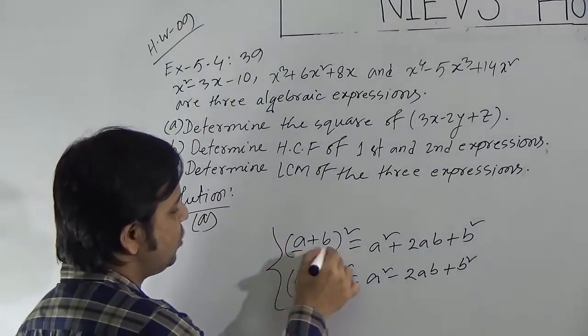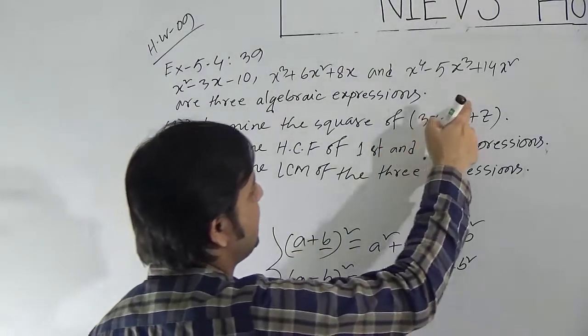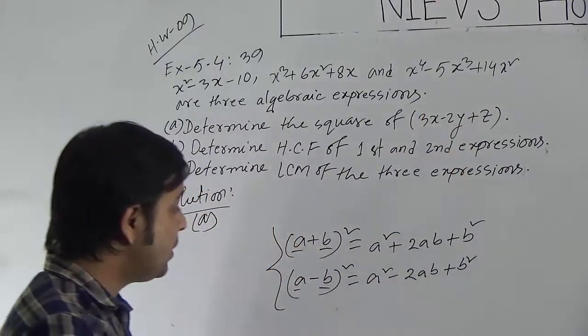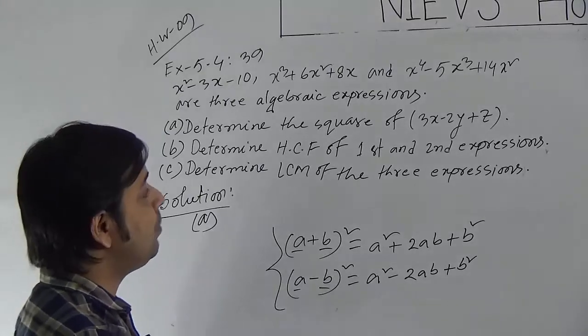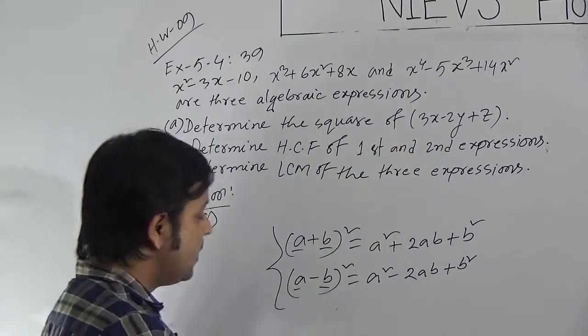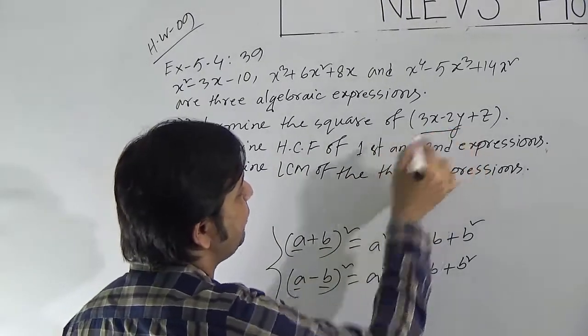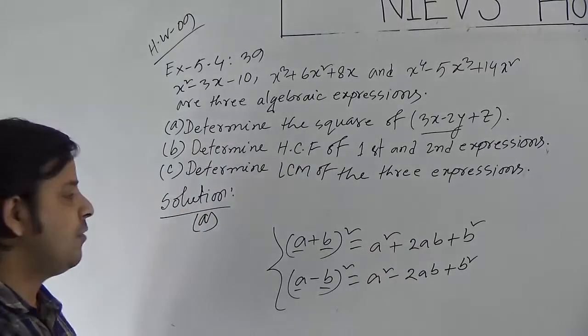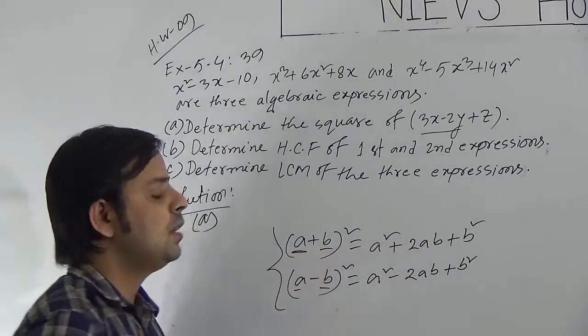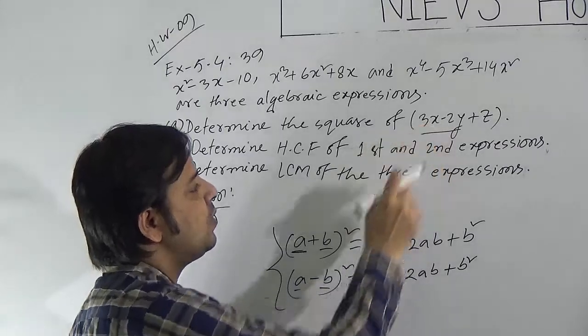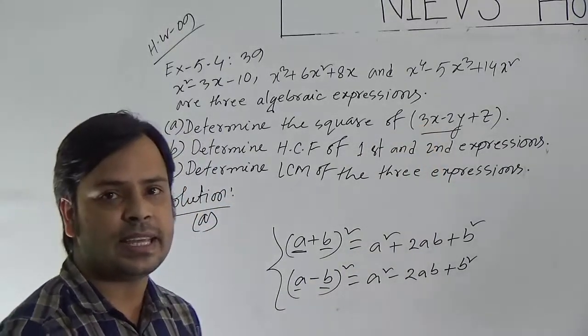Observe that in these formulas there are two terms, but in this expression there are three terms. How can we solve that? We can solve this problem by considering the first two terms as the first term a. If we take this as a, we can do the square easily.